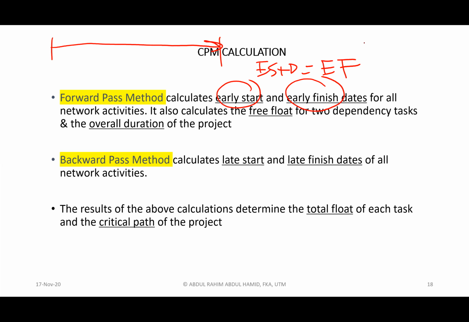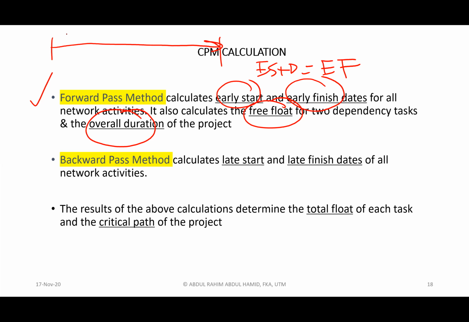When you do all the calculation from the left of the diagram until the right side of the diagram, for sure you will get the overall duration. And you know what? You can get the value of free float already just by doing the forward pass method.